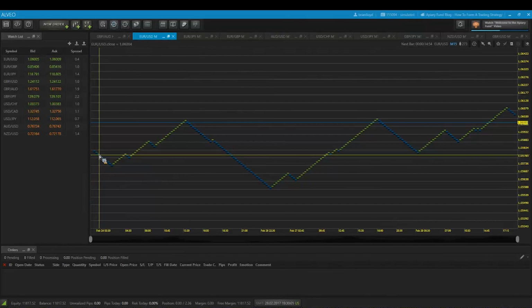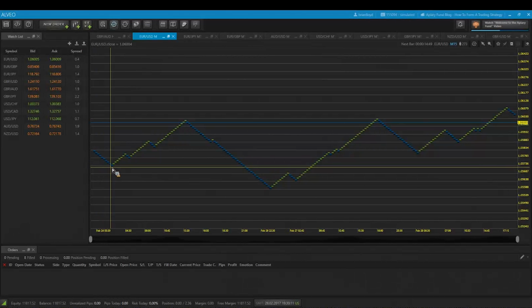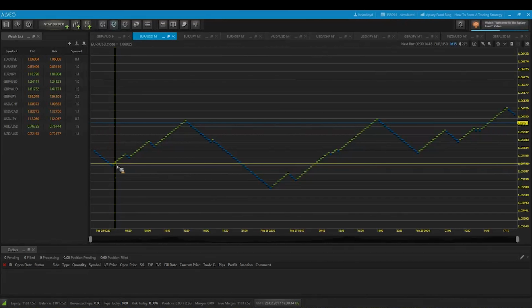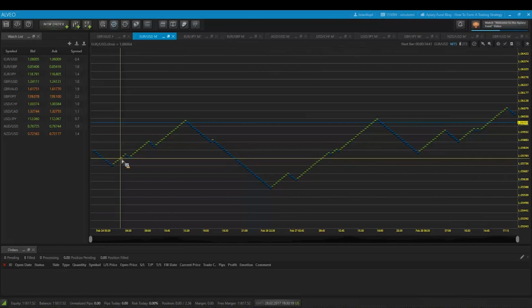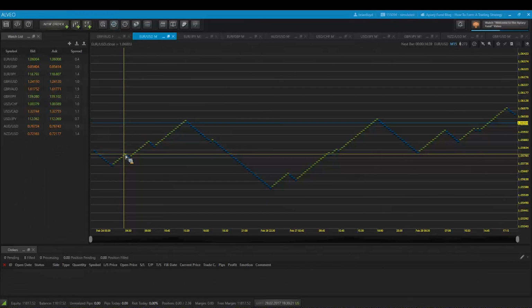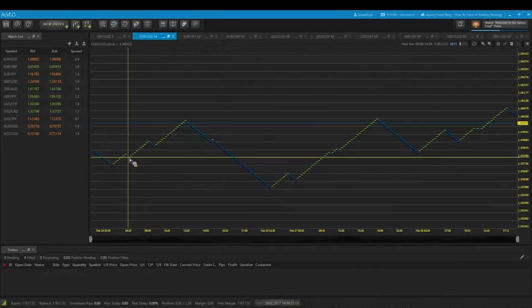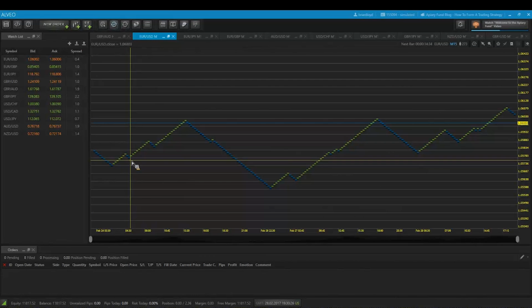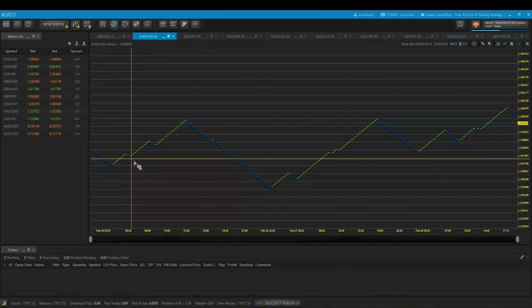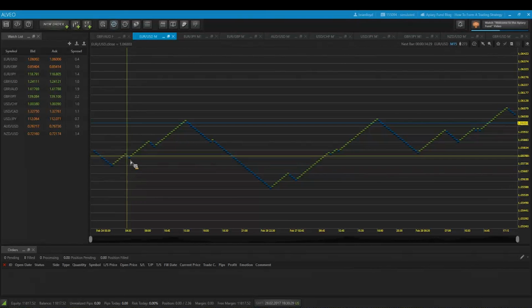Basically this is what you're looking for in Renko charts: you're looking for changes of direction, or transitions to that point. So right here, these bricks are going down. This is telling you, hey, we are in a downtrend. And where you would want to look to enter the trade is when you get a new brick that changes that direction.